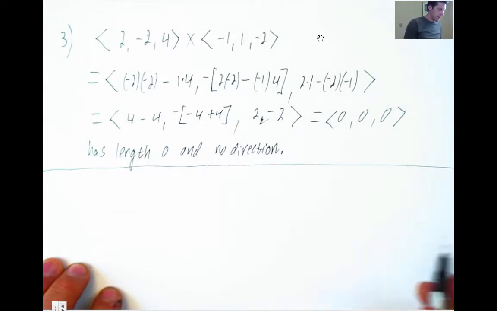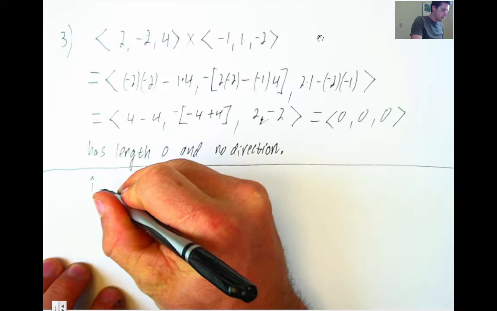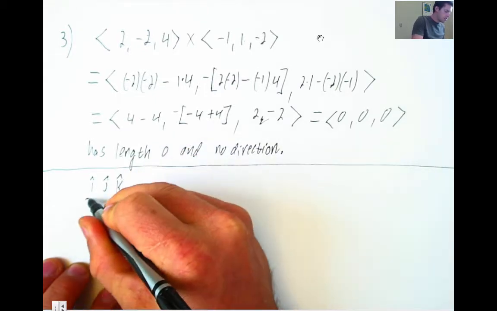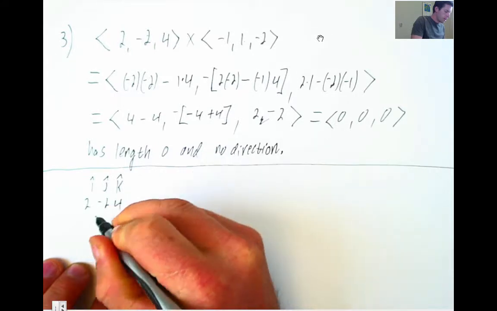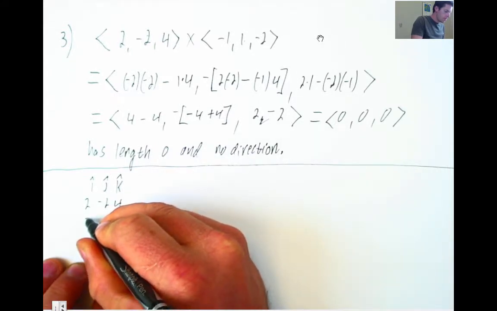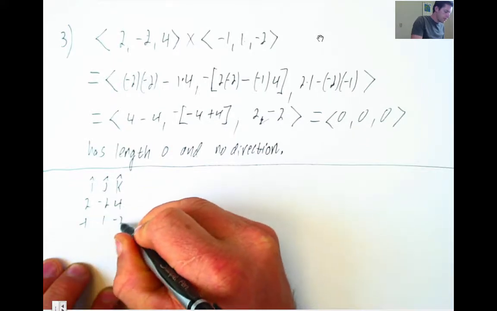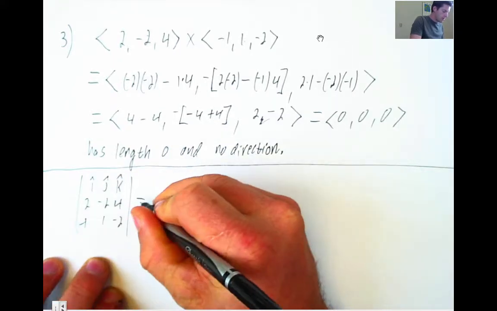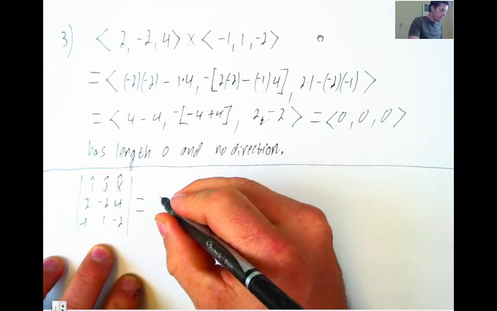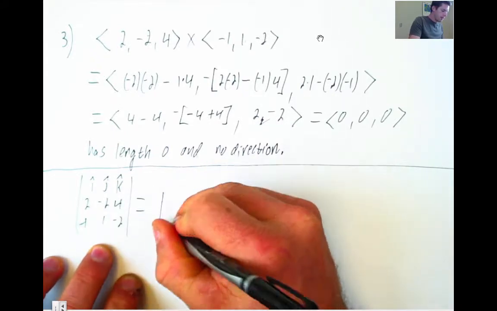I will try the old determinant method, i hat, j hat, k hat, then I've got 2, negative 2, 4, and negative 1, 1, negative 2. Take that determinant. So the first component, well, I'll do it this way.